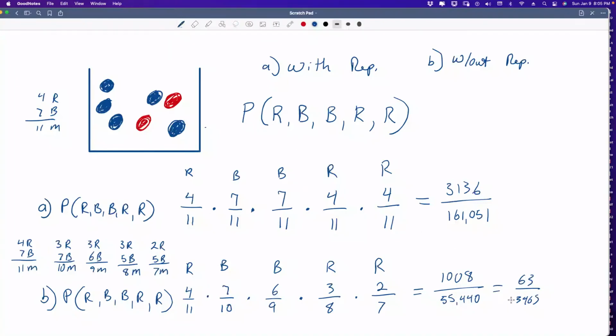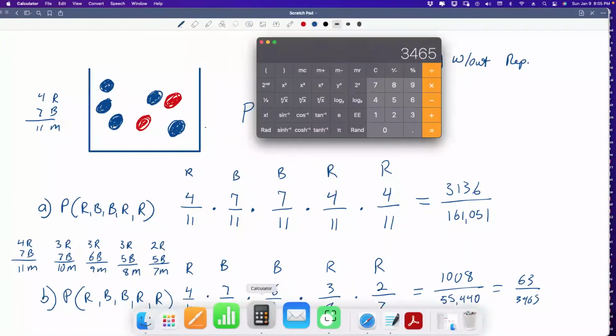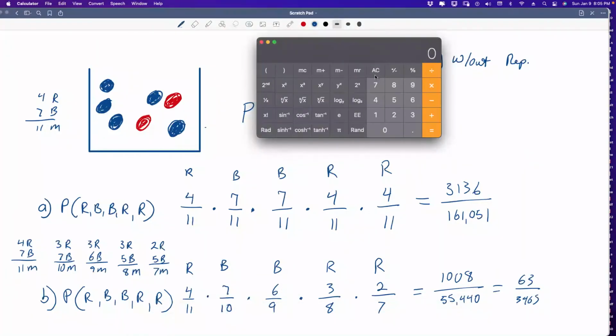So we can see kind of where our chances are. Let's see if we can reduce this one at all. I'll start with the denominator just to see what we can get. Let's see if we can divide that by 7. 161,051 divided by 7.